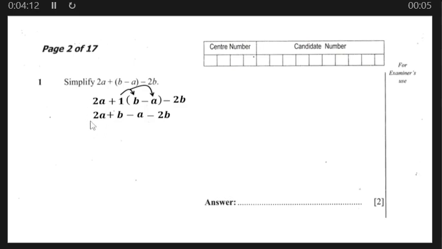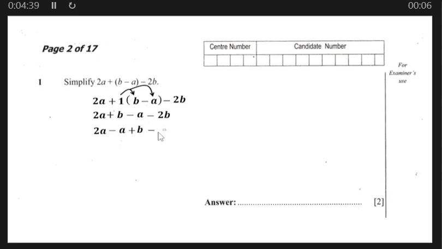We have 2a here and also a here. So these are like terms. We say 2a, then we get this negative a and bring it closer, because this is what is called collecting like terms together. Then we get b, and bring it closer to the negative 2b, so plus b minus 2b.